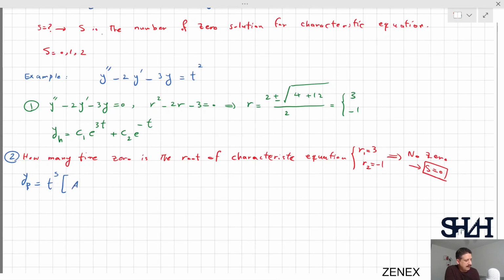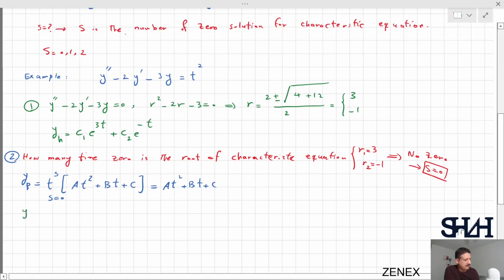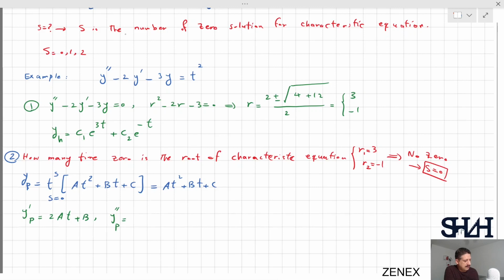So it will be a t^2 plus bt plus c, of which s is 0. Now I can make the first and second derivative. y prime will be 2at plus b, and the second derivative will be 2a.